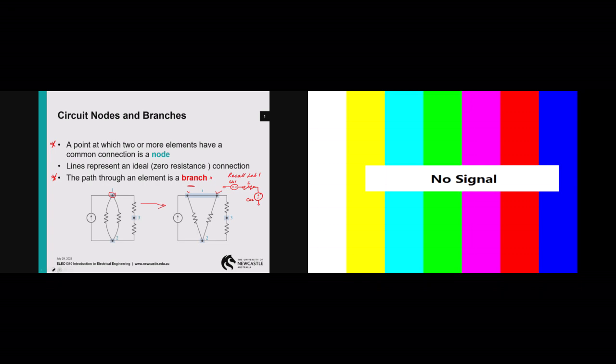You had the common probe from the multimeter placed at the ground, and the red probe from the multimeter placed over here.